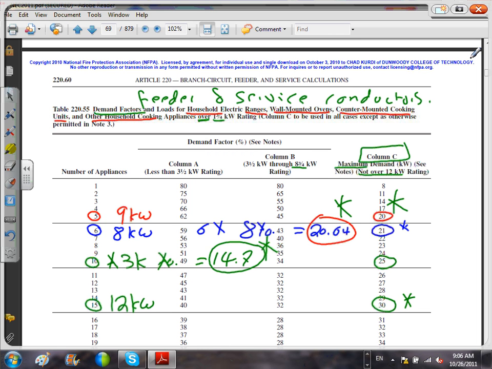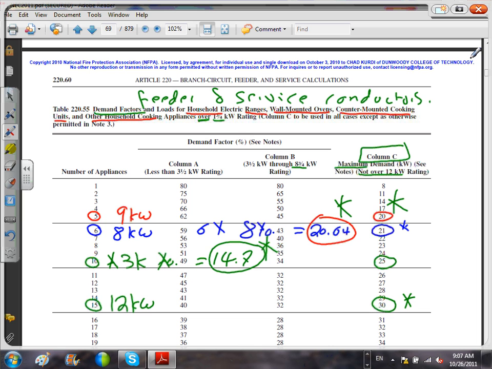I'm going to take one more example just to spice it up. This is interesting. If I have the following sizes, I want you guys to look at this one.